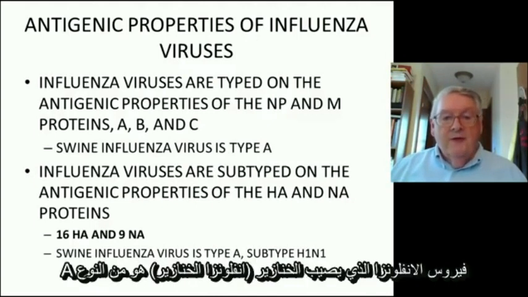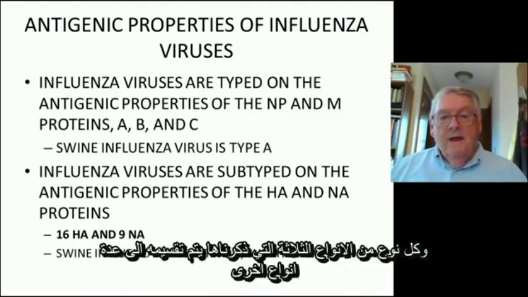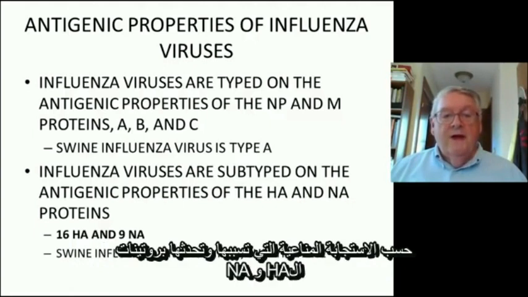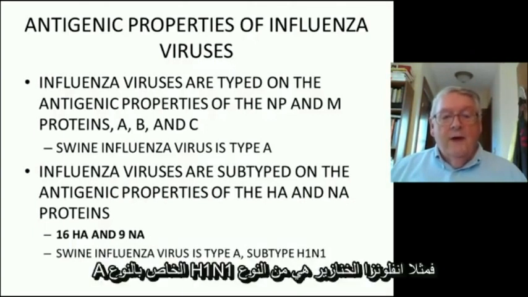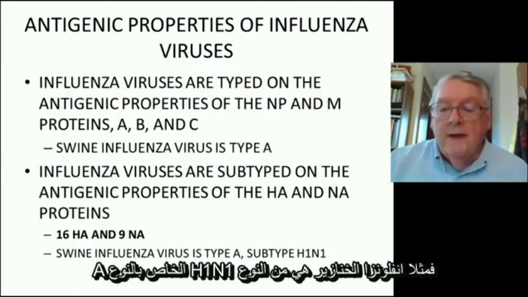Swine influenza virus is type A. Influenza viruses are subtyped on the antigenic properties of the HA and NA proteins. There are 16 HAs and 9 NAs. The swine influenza virus is type A, subtype H1N1.